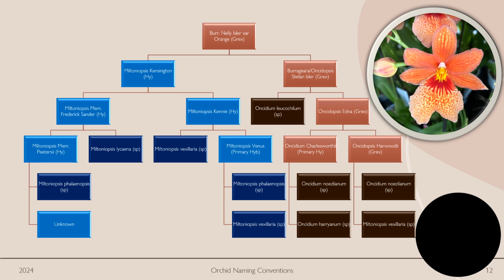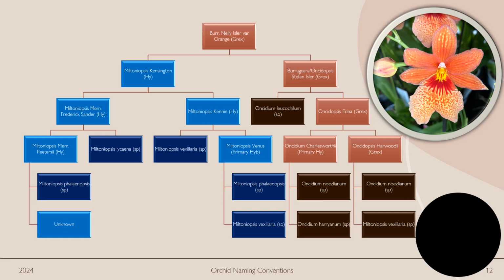If you have a look carefully at those species, you'll see some of them are used several times. For instance, Oncidium nosolanum is used a couple of times in there. Miltonopsis vexillaria is used twice. But when you have something this complex, we call it a Grex, because it's a flocking together of lots of different species across a couple of genus.